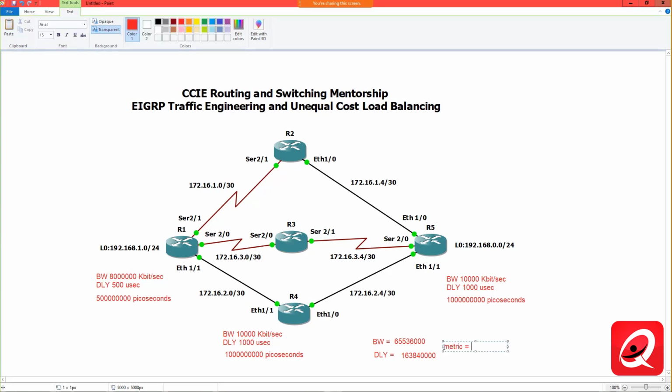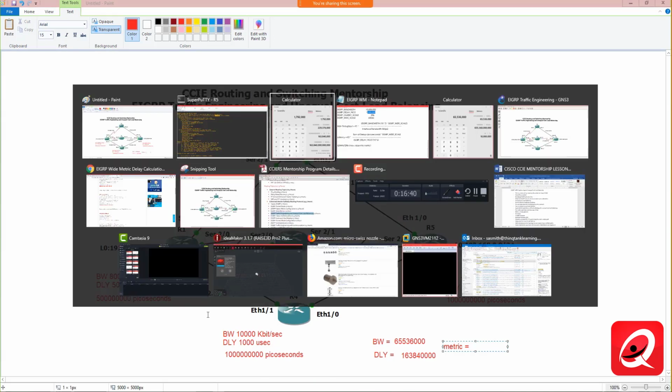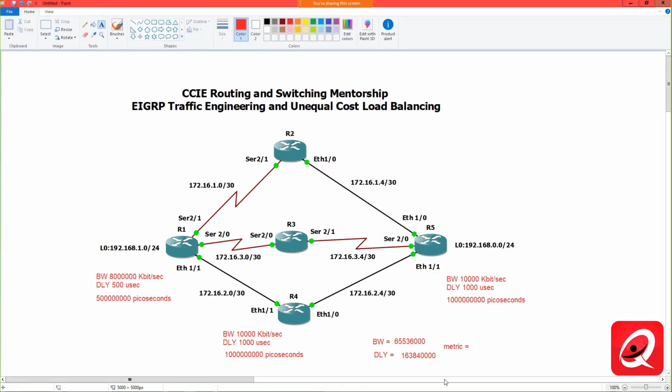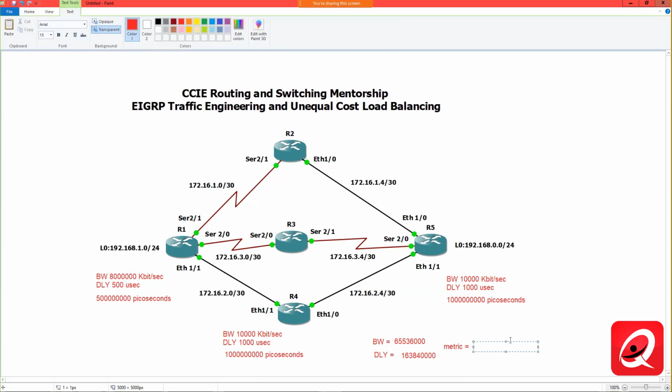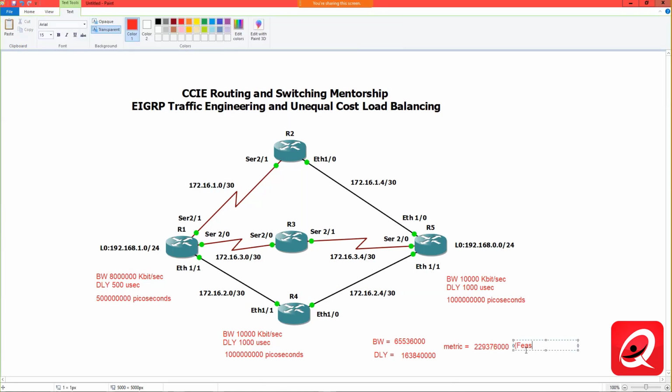Metric equals, and let's grab it from our calculator and multiply this times 128. There we go. So that's the metric for that path. Now, that is still referred to as the feasible distance. Remember, the feasible distance is the shortest, or overall path metric to reach a particular destination.